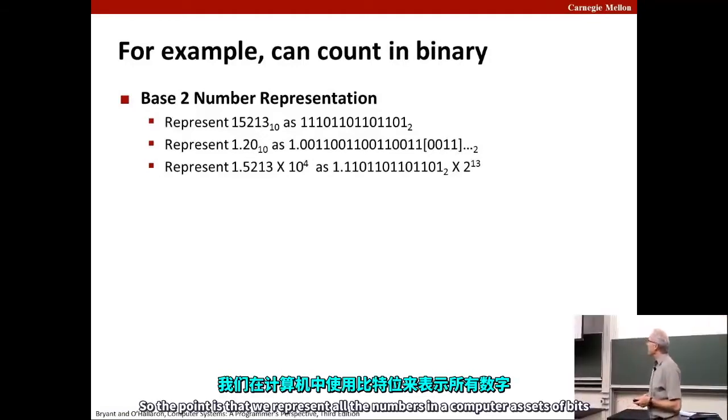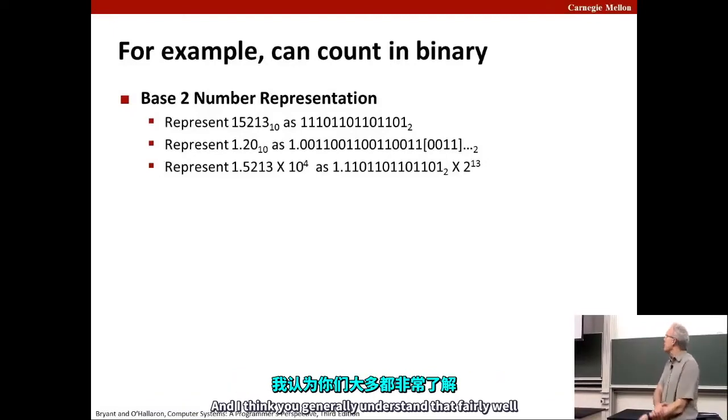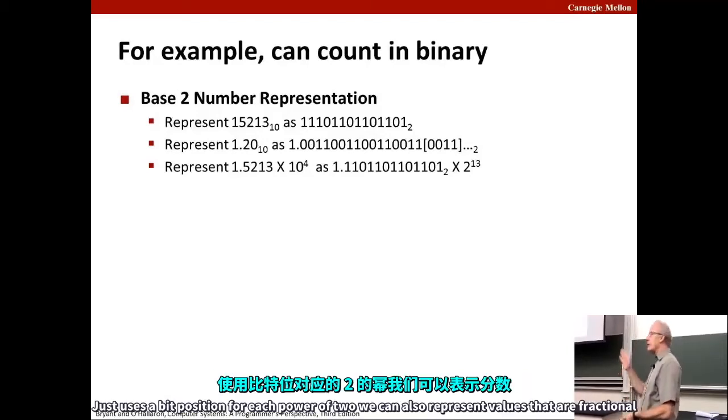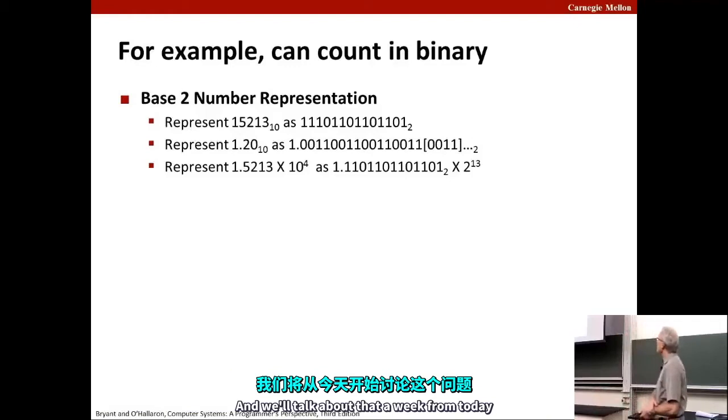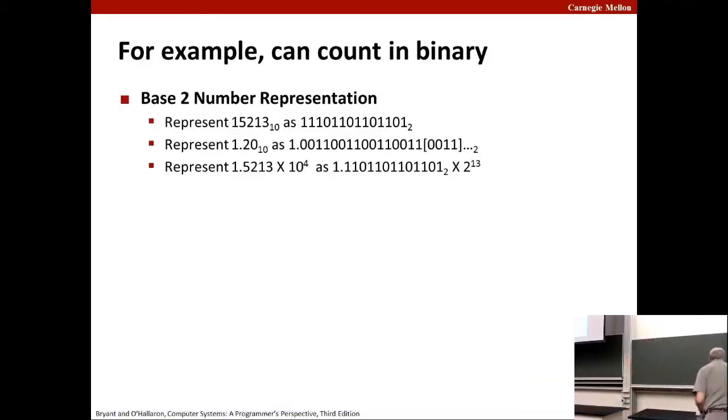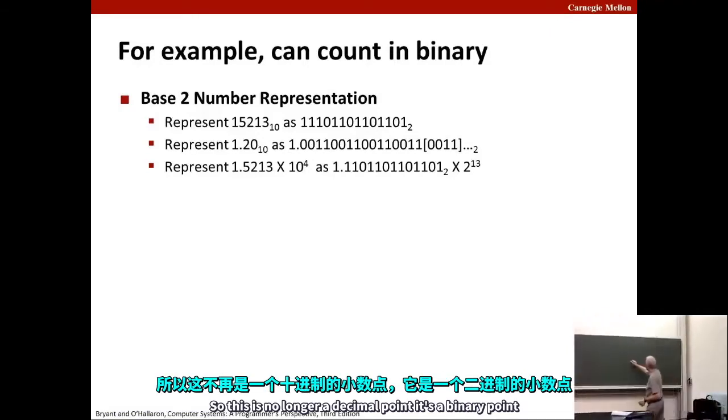The point is that we represent all the numbers in a computer as sets of bits, and I think you generally understand that fairly well. The familiar binary representation of integers, which we'll go over today, just uses a bit position for each power of 2. We can also represent fractional values, and we'll talk about that a week from today when we do floating point numbers. You go to the right of the binary point, so this is no longer a decimal point, it's a binary point.